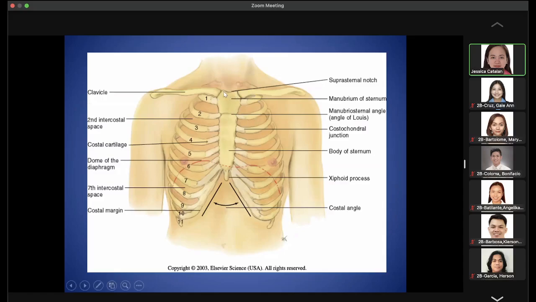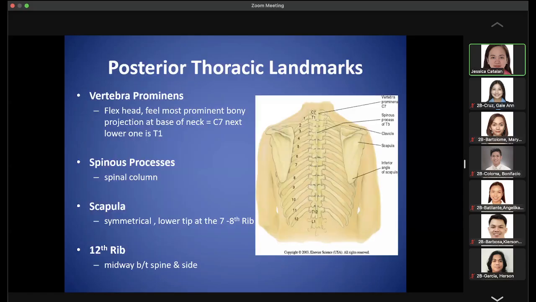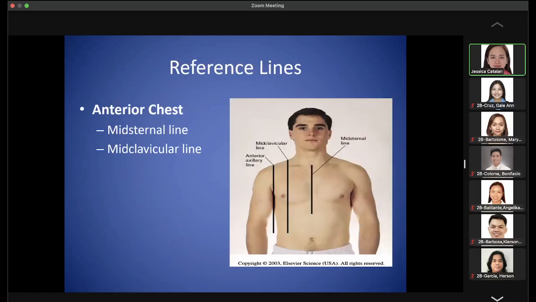You see the suprasternal notch and the manubriosternal angle, so that's the angle of Louis. Posterior thoracic landmarks, you have the vertebra prominens, so that's C7, the spinous processes, the scapula on both sides, and the 12th rib, which is the lowest reference in the posterior.